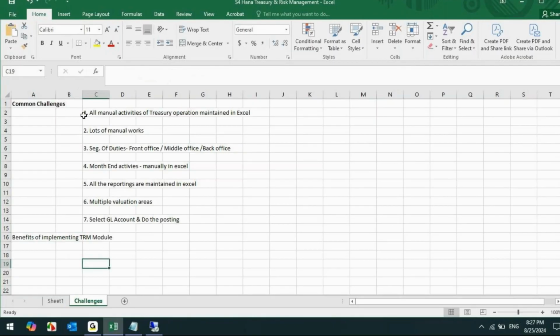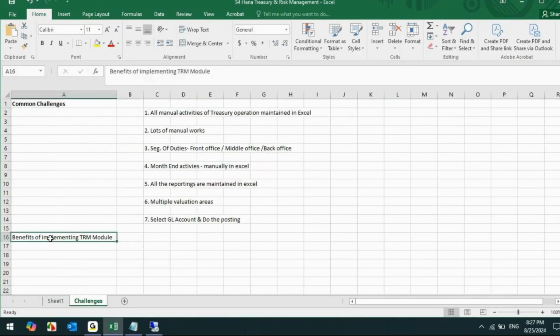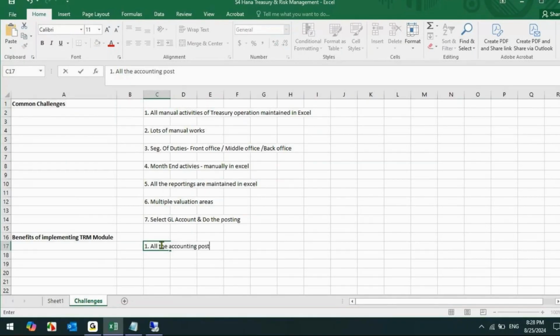The first advantage would be all your accounting posting. No, first of all, this is not the main thing. The first major thing would be all the day-to-day operational activities being performed in the SAP system.